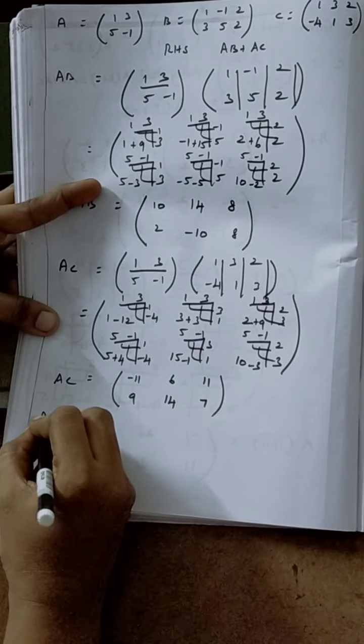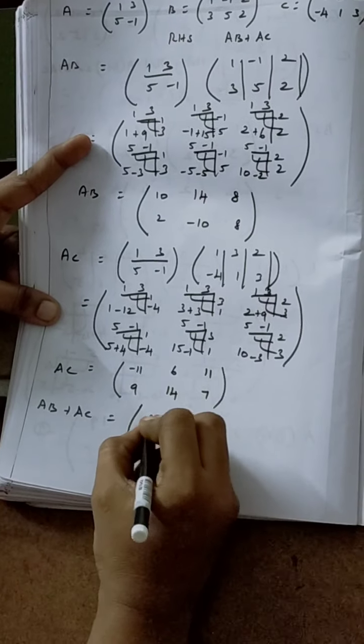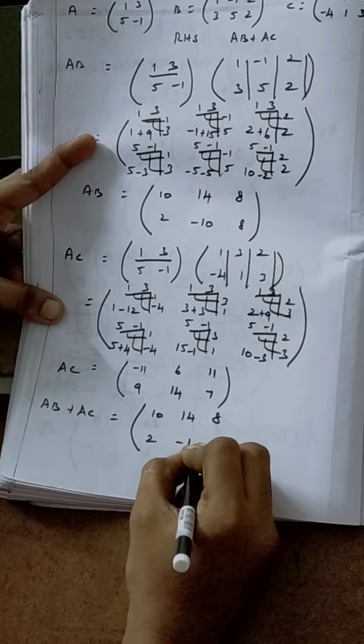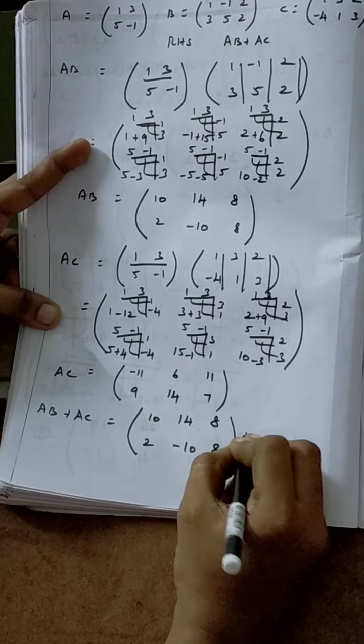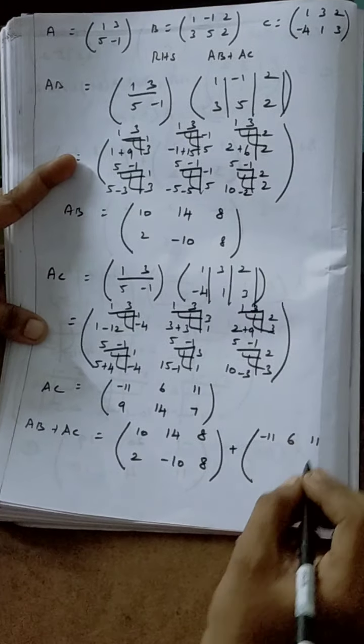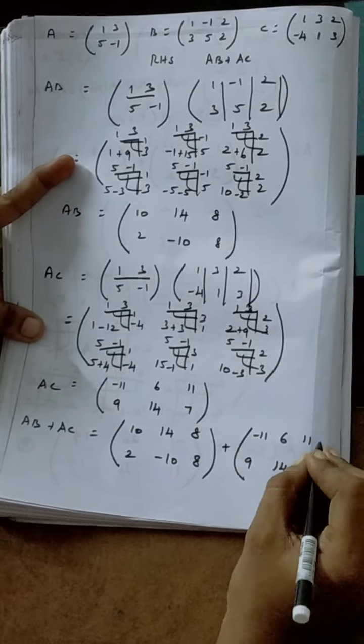Then write down AB plus AC. So what is the AB? 10, 14, 8, 2, minus 10, 8, plus AC: minus 11, 6, 11, 9, 14, 7.